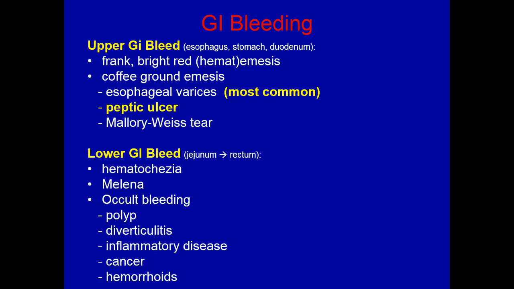The most common reason for upper GI bleeding is a condition called esophageal varices, and this is where the liver connection comes in. Esophageal varices are when the blood vessels around the esophagus and the upper part of the stomach, though it's usually in the esophagus, become dilated because of changes in blood flow through the GI tract, particularly in the liver.